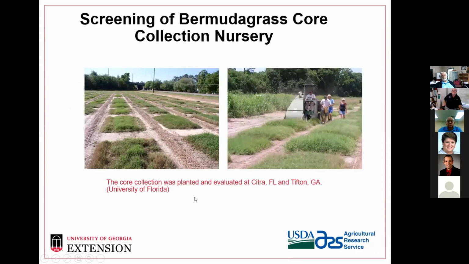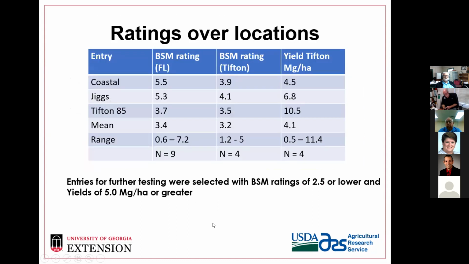And so in Tifton, they have basically a worldwide collection, the core nursery that has many different kinds of Bermudagrass. And so the initial step was screening of that collection to identify materials that demonstrated some resistance. And so higher numbers here mean more Bermudagrass stem maggot damage.